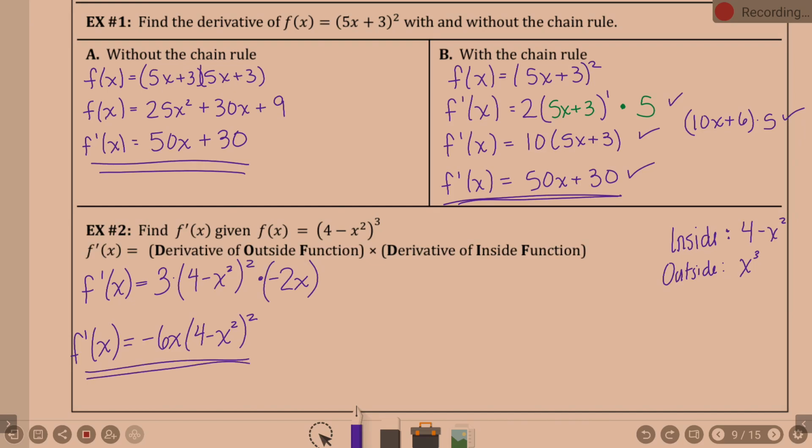I personally would leave it like that. Okay. However, if you get industrious and want to FOIL that out and then distribute in, I don't think any of us have that much time in our lives right now.